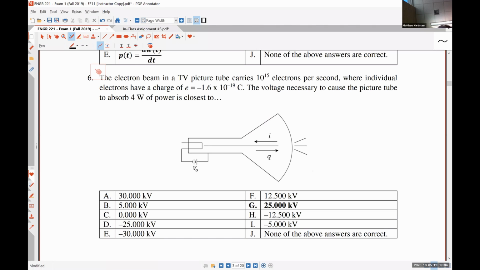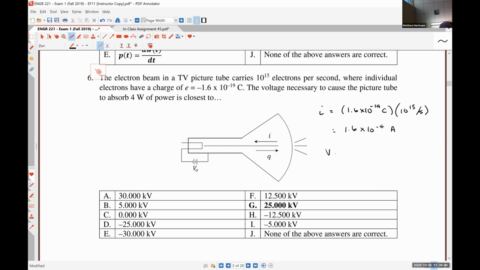If the electrons are moving to the right, positive current is moving to the left, which I think is probably where the negative sign happened. So I is going to be positive 1.6 times 10 to the negative 19 coulombs times 10 to the positive 15 electrons per second. So that's 1.6 times 10 to the minus 4 amperes.